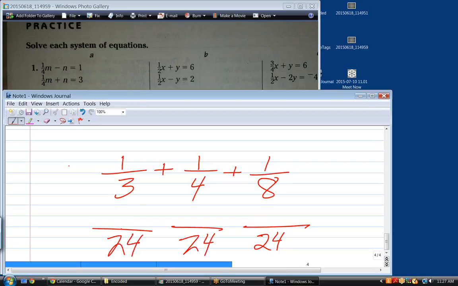Now, how many 24ths is 1/3 equal to? How many is 1/4 equal to? Does it make it easier for you to solve it by writing it down?